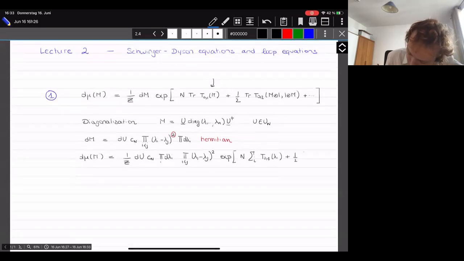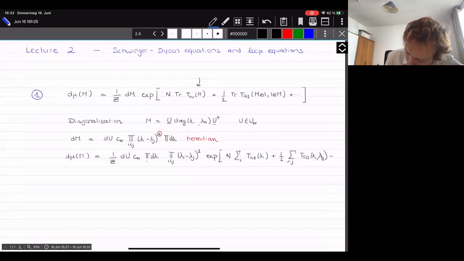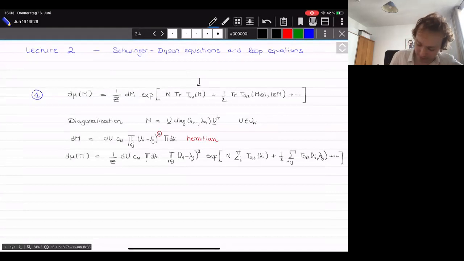The next term is the sum over i and j of T02 of lambda i, lambda j. And so on. You would have functions of many variables, of a k-tuple of eigenvalues. So this is a bit more explicit to work with. And anyway, we can integrate out this unitary matrix, so we are really left with the measure on N real variables, the lambdas.